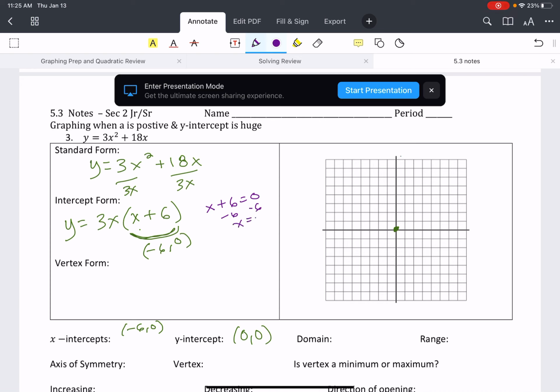And that's how I knew it was -6, okay? So if I want to figure out the other one, I'm going to take it and make it equal 0. Well, do I minus the 3 to get rid of that 3? No, I divide it, right? So on this one, my other x-intercept is 0, 0.